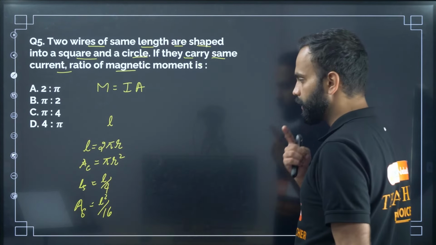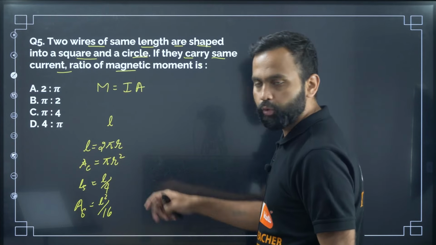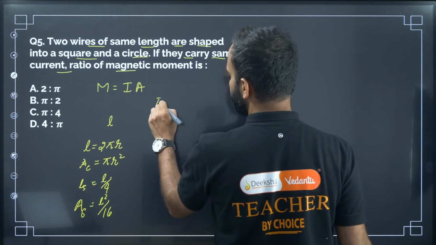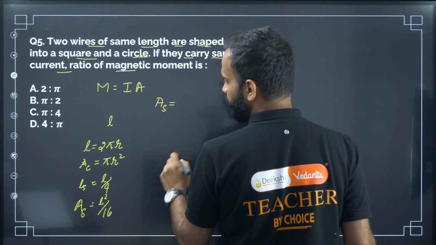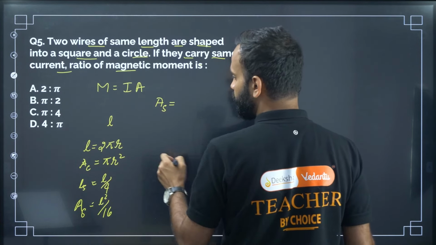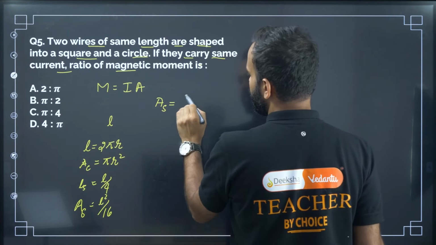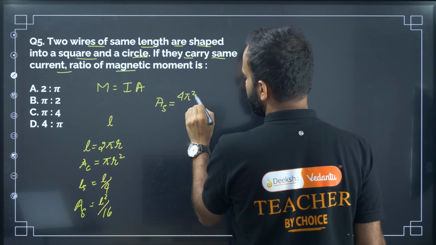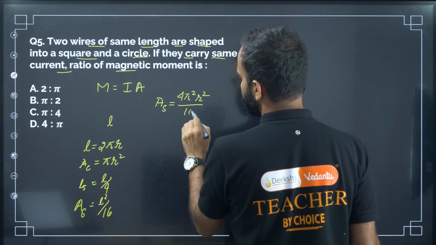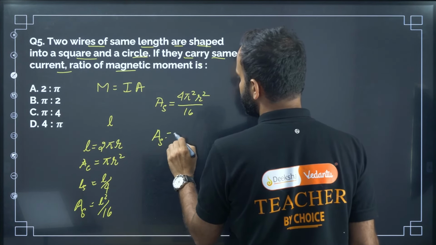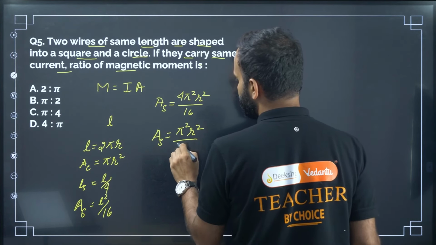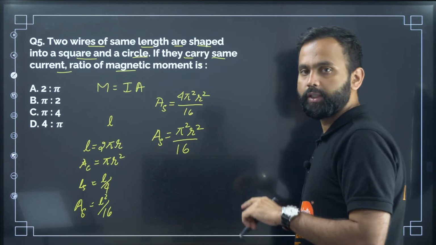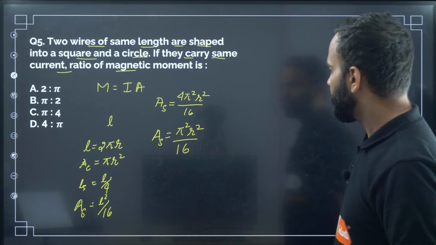So L equal to 2 pi r, so let's write area of the square in terms of pi. Now area of the square is equal to, here L square is 4 pi square r square, 4 pi square r square divided by 16. So AS is equal to pi square r square divided by 16. So this is the area of the square loop in terms of pi.